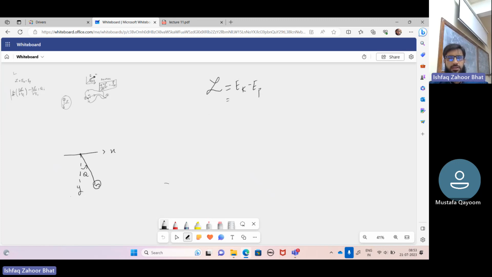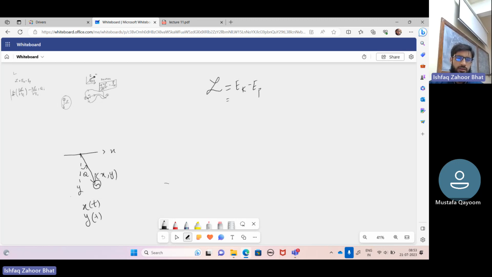So what is the kinetic energy associated with this mass? Let's assume that at any time t, the position of this mass is x comma y, where obviously x is a function of time and y is also a function of time.